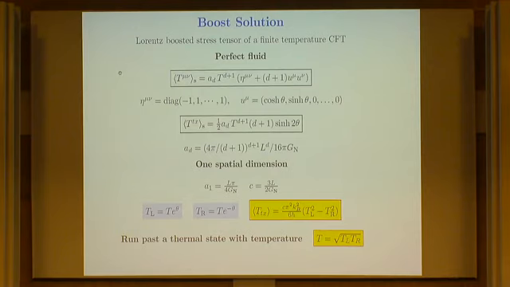It turns out that the left and right temperatures are related to this temperature T by a kind of boost factor. So you're Doppler shifting the radiation, and you're seeing different effective temperatures in front of you and behind you. If you take this identification, and in particular, if you also read off this coefficient, this coefficient is effectively counting the number of degrees of freedom in your CFT.